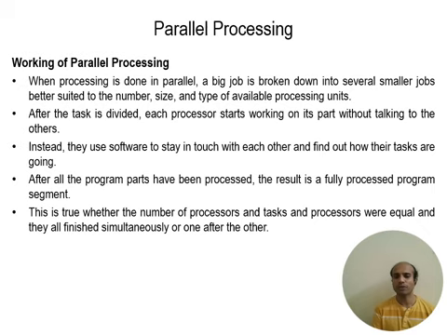Instead, they use software to stay in touch with each other and find out how their tasks are going. After all the program parts have been processed, the result is a fully processed program signal. This is true whether the processors all finished simultaneously or one after the other.